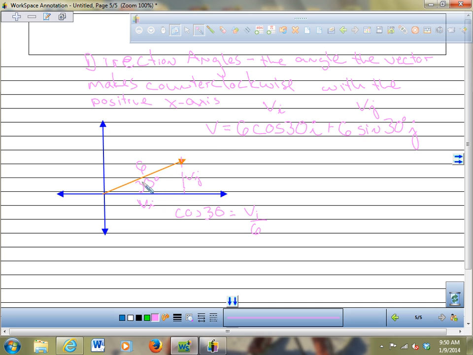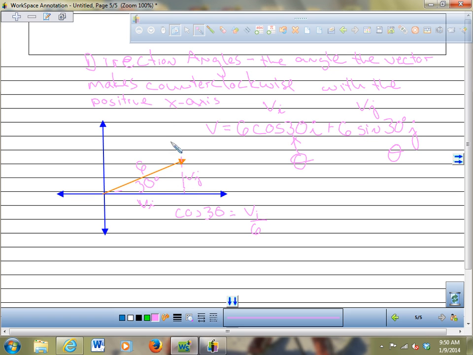So it's a way to break down a vector. When you have direction angles, where this is theta in here, the cosine of that angle times the magnitude is going to give you the horizontal component, and the sine of that angle times the magnitude of that vector is going to give you the vertical component.